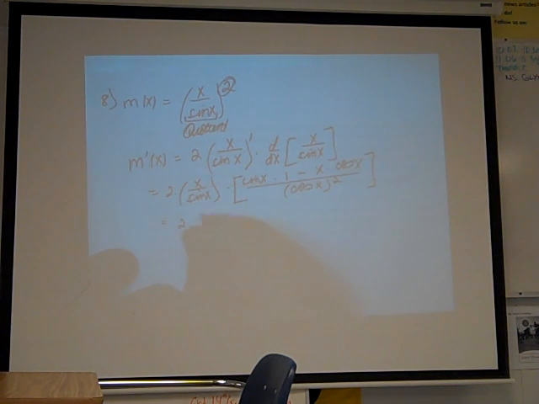And you can make it 2x over sine of x times sine of x minus x cosine of x over cosine of x squared. I think that's as far as we can go with the simplification.